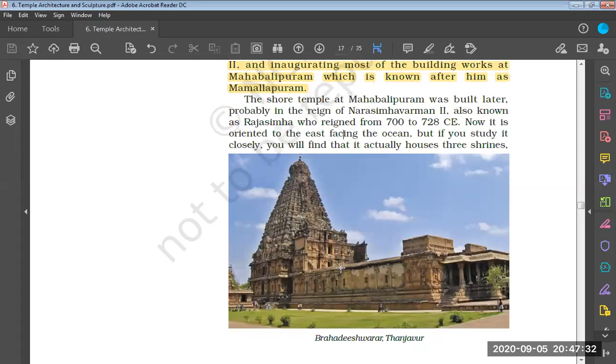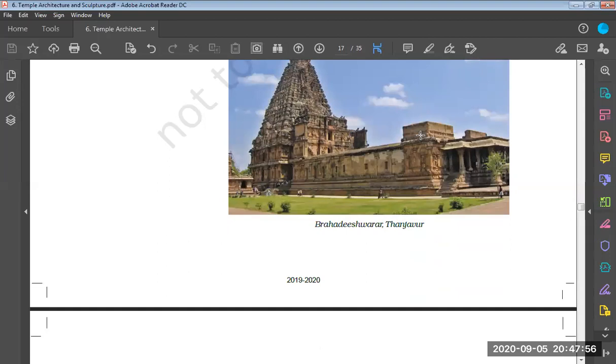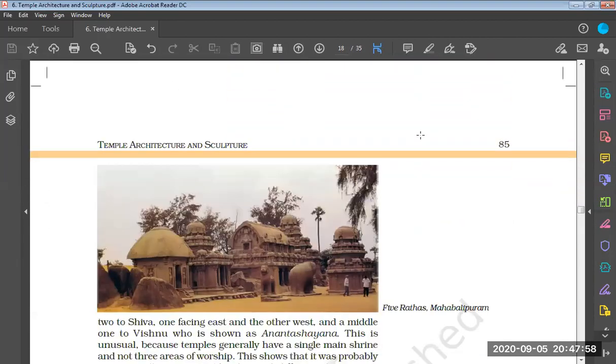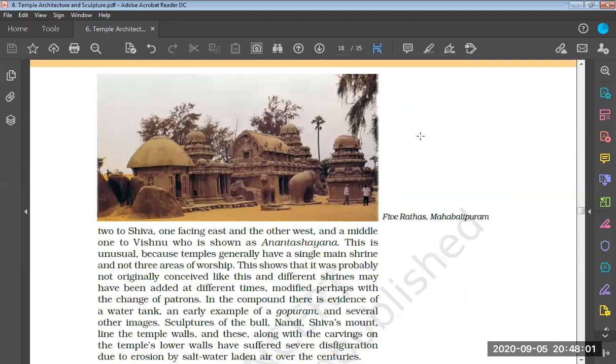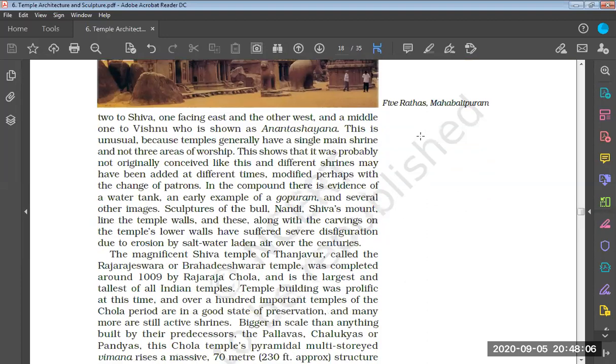Then the Shore temple at Mahabalipuram was built later, probably in the reign of Narasimhavarman II, also known as Rajasimha, who reigned from 700 to 720 Common Era. Now it is oriented to the east facing the ocean, but if you study it closely, you will find that it actually houses 3 shrines: 2 to Shiva, one facing east and the other west, and a middle one to Vishnu, who is shown in Anantashayana.